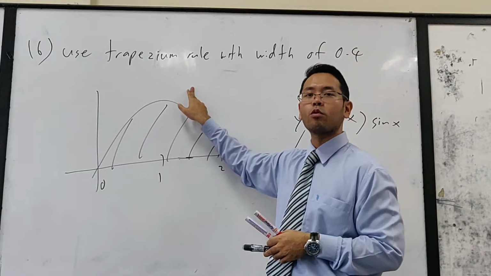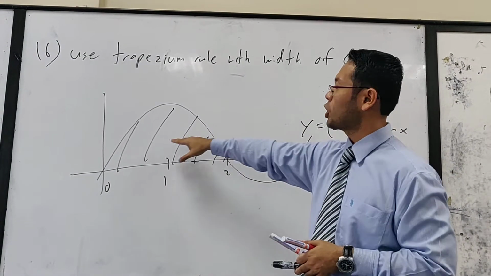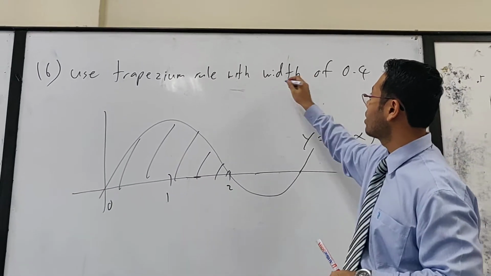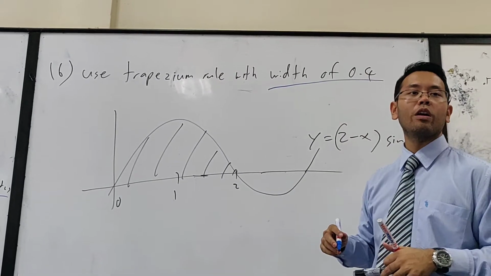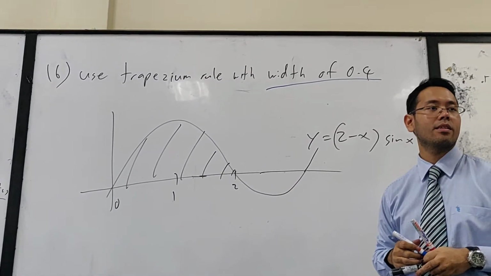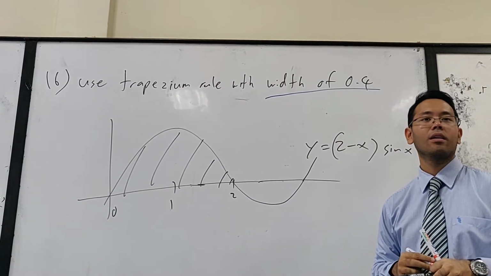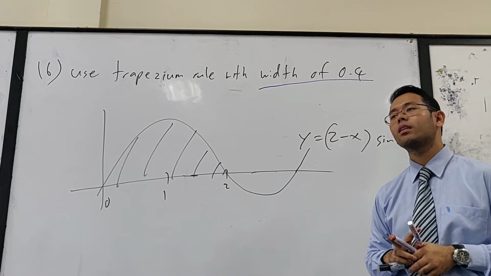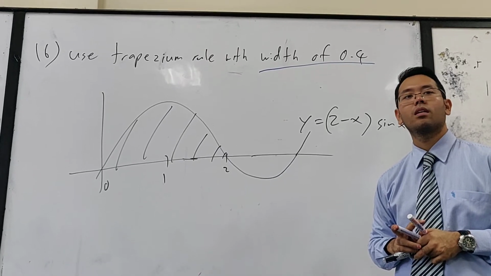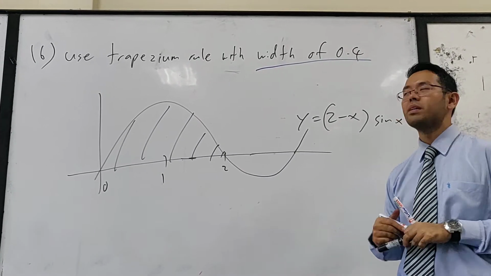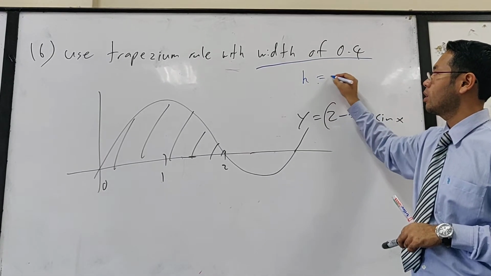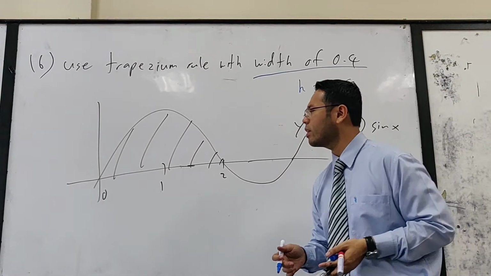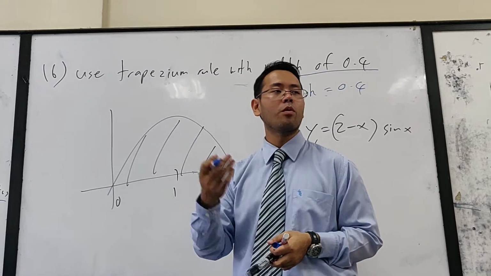To use the trapezoidal rule for us to calculate this shaded area here. But they ask you something interesting. Width of 0.4, what does it mean? It means this is the h. So where does this width come from? Well, you need to remember where we used the h.